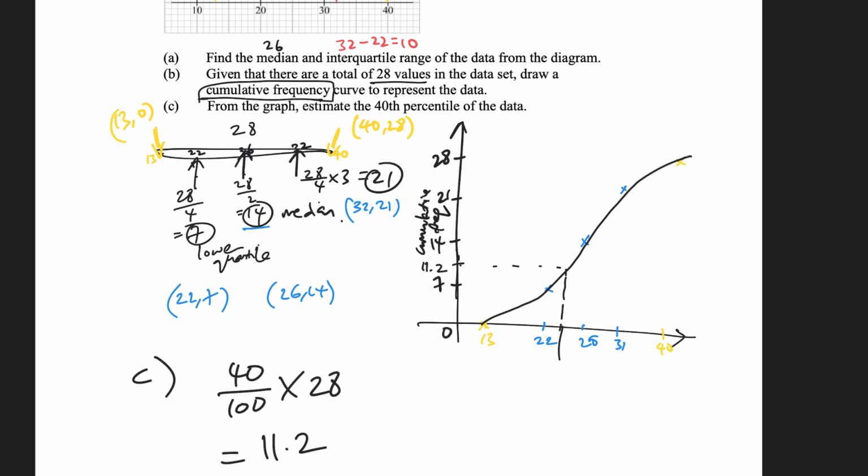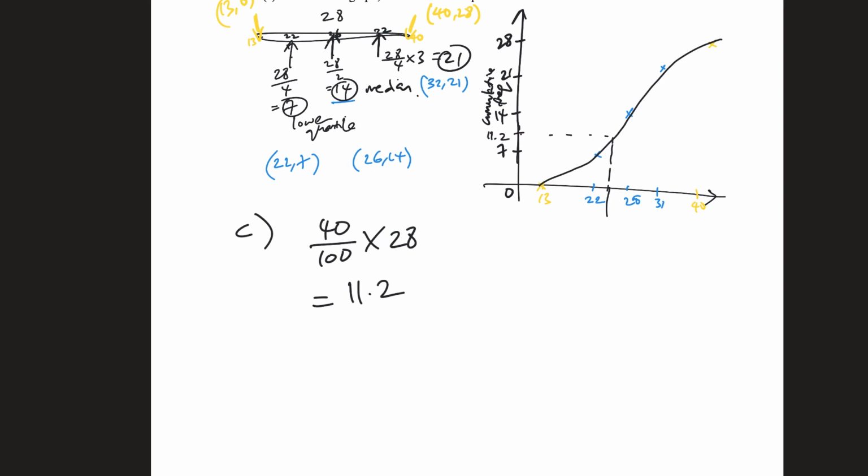Of course, I'm not actually reading from my sketch. I'm reading off from the actual graph from a computer, and this is 24.5. So the 40th percentile is 24.5.